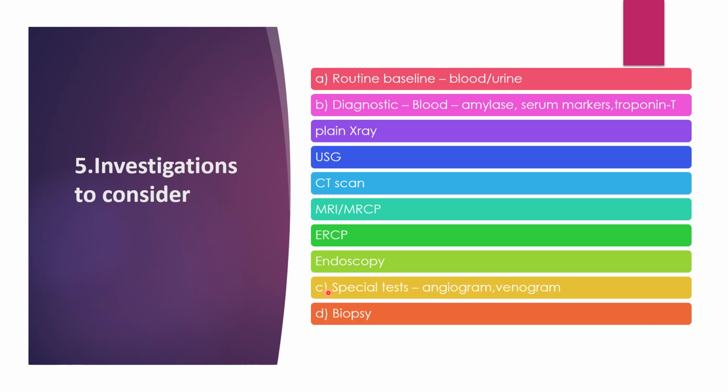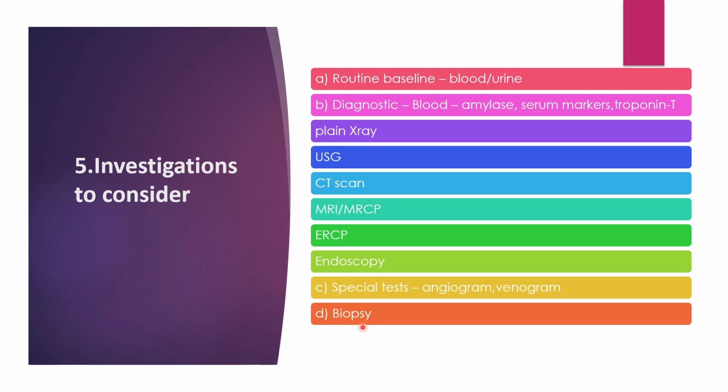Following this, we sometimes do special tests like CT angiograms, venograms, or radioisotope scans. These are special tests which will not be done routinely for every patient, and are decided by what you get on the results of your earlier investigations.